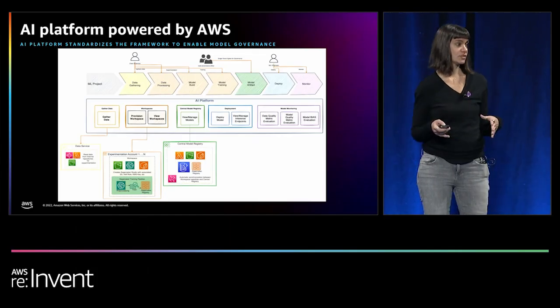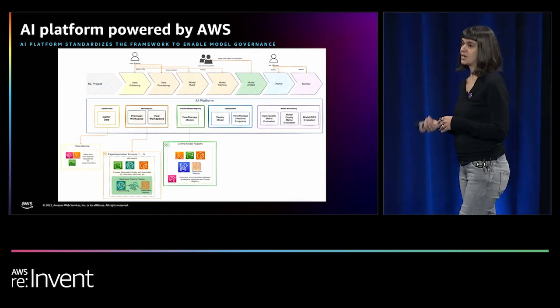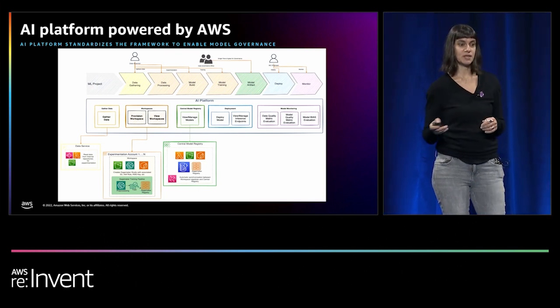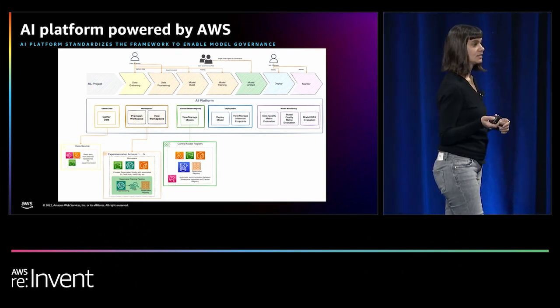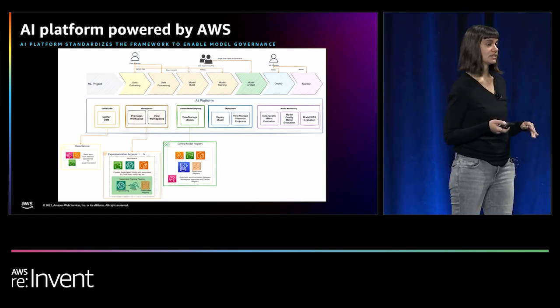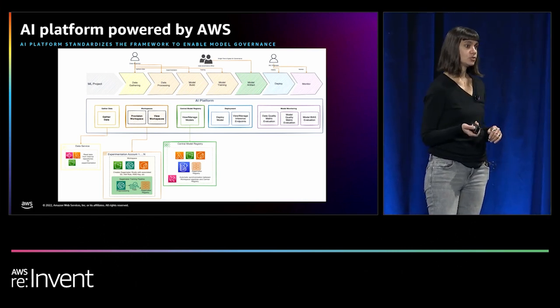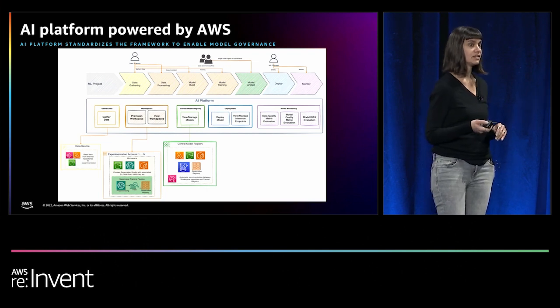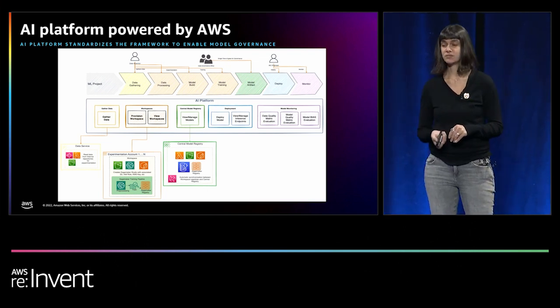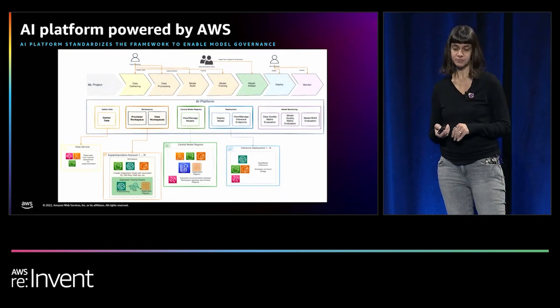So we have a centralized registry, very much exploiting SageMaker registry under the hood, that gives us the capabilities of managing our models, but at the same time a governance layer and a governance workflow on top that's very key for us and very key for Thomson Reuters.